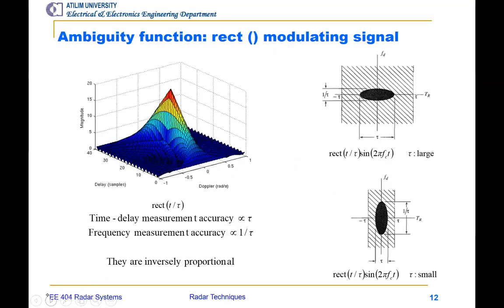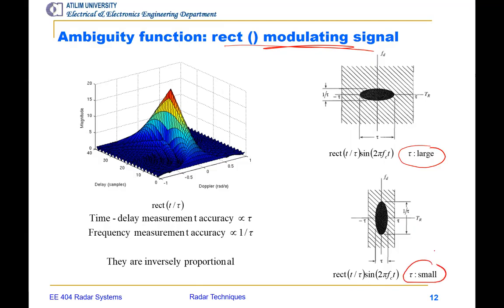In reality, this is not like that. Here is what we can see for a rectangular modulating signal when the pulse duration is large and then small.